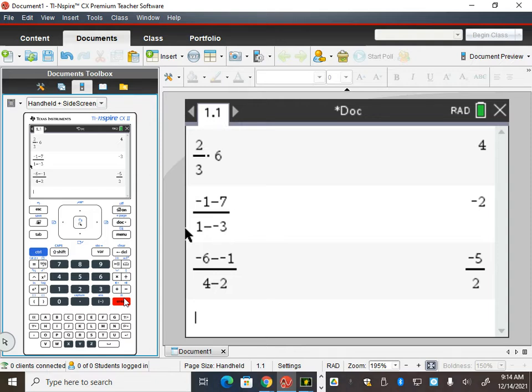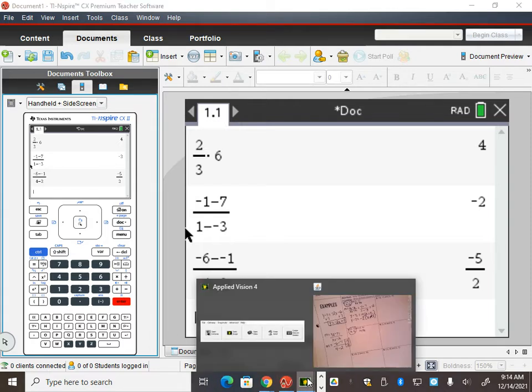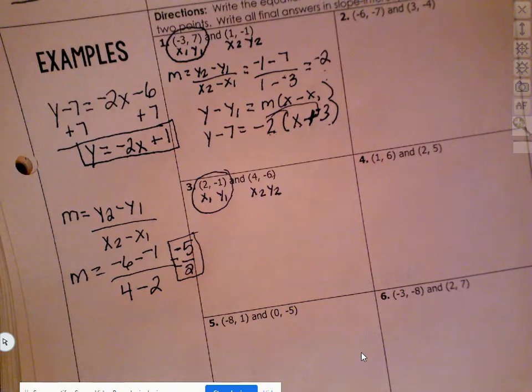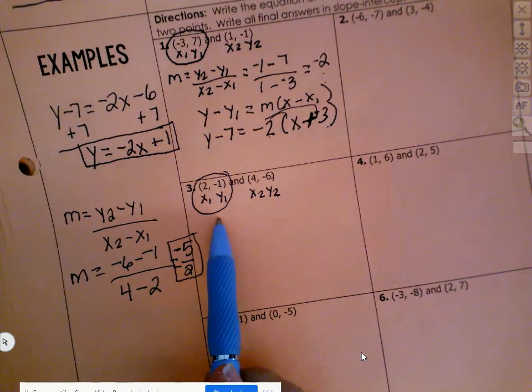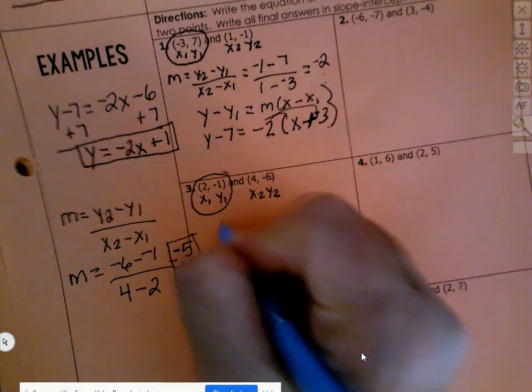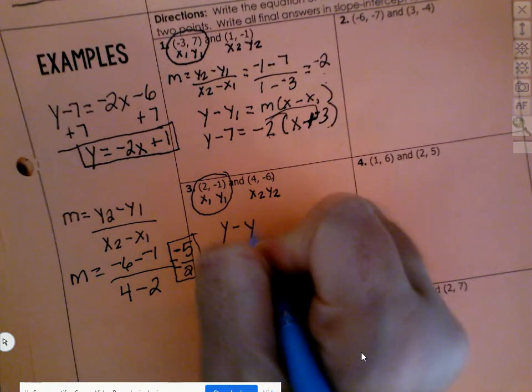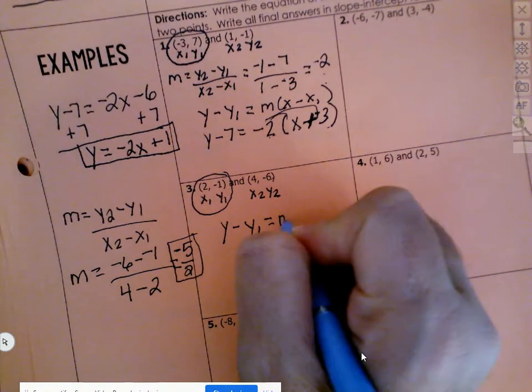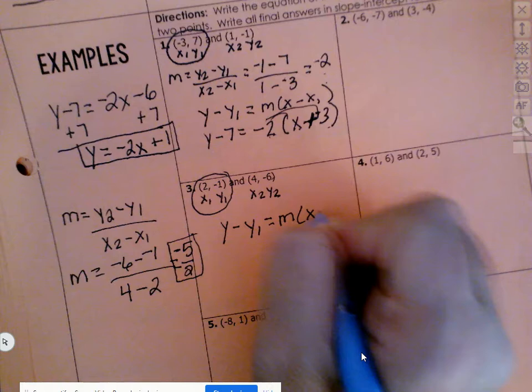Here's my x1, y1. So here's my slope, here's my x1, y1. Now I write my formula y minus y1 equals m times x minus x1.